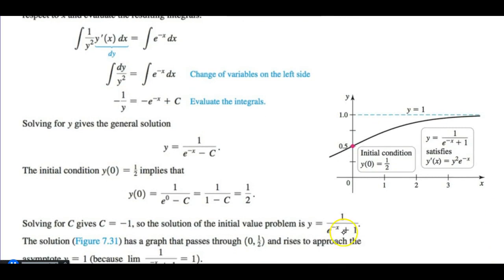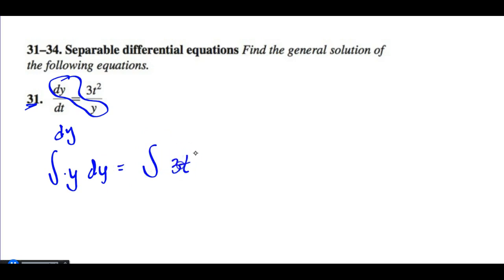And here's the author's solution for that. Some more examples: just problem number 31 from your textbook. On this one, let's just multiply through by y. I'm just going to integrate as well. So the integral of y dy is equal to the integral of 3t squared dt.